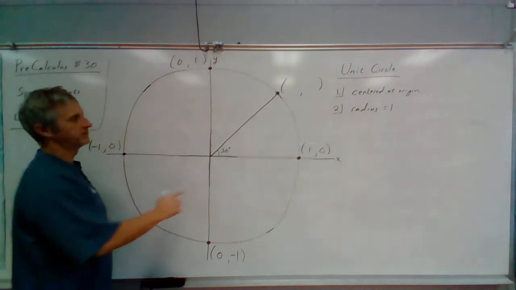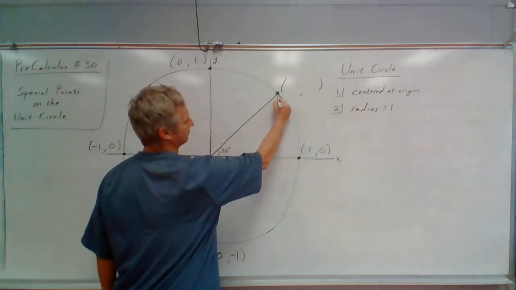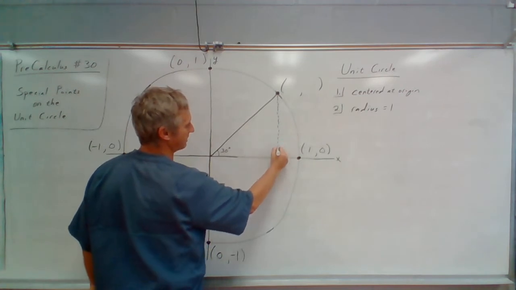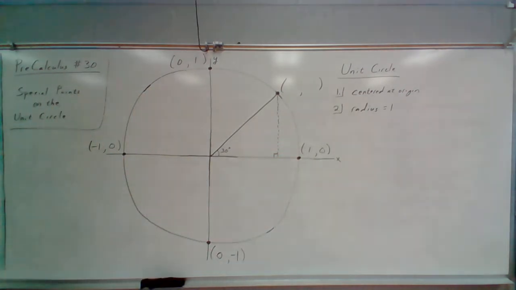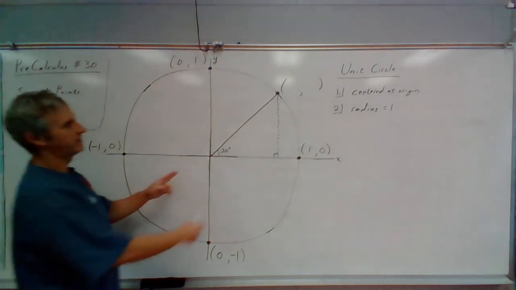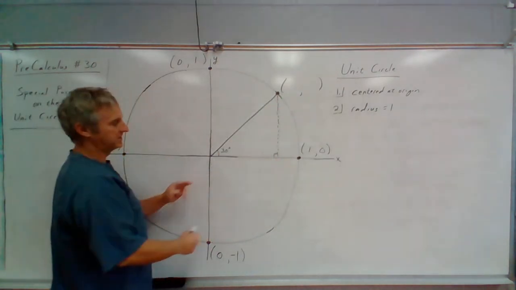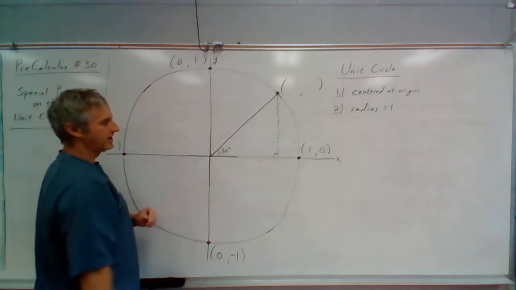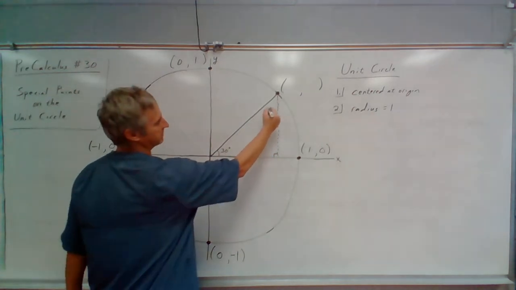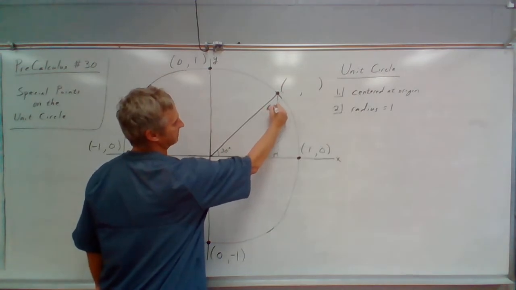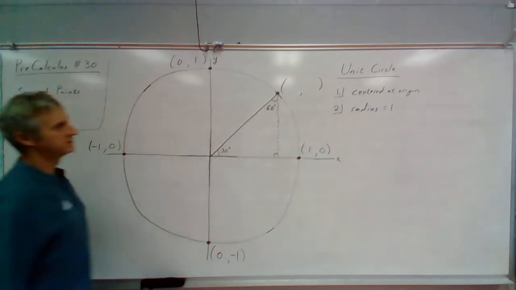The trick here to figuring out the coordinates of this point is we're going to drop a perpendicular here, which makes that a right angle. So I've just drawn a line that goes straight down from this point to the x-axis, which makes this a right angle. Well, if this is 90 degrees and this is 30 degrees, then this angle should be 60 degrees.